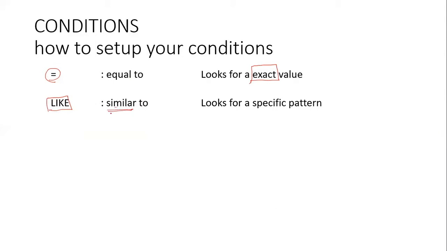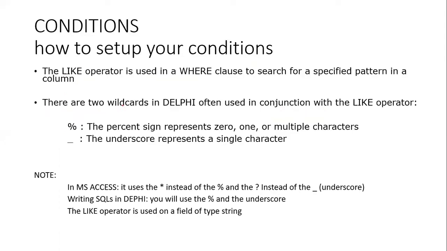So in SQL, we can make use of the like operator, which allows us to look for patterns. These patterns could be similar to certain patterns that we are looking for. Let's look at more examples, and this will become clearer in terms of how it is used.